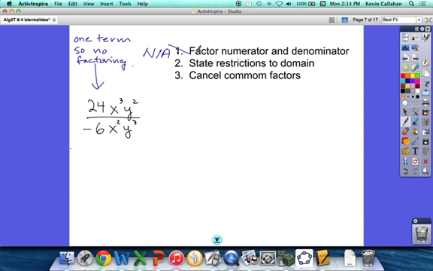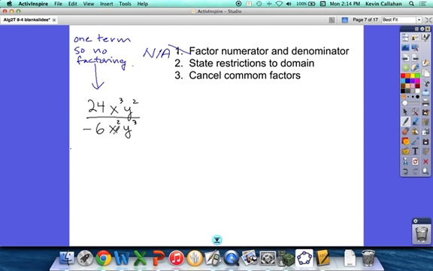State the restrictions. What values of x and y do you need to restrict so that you don't divide by 0? X does not equal 0, y does not equal 0. Remember, we did this when we had factors like x times x minus 2. Since it's a standalone x, the 0 is the restriction.